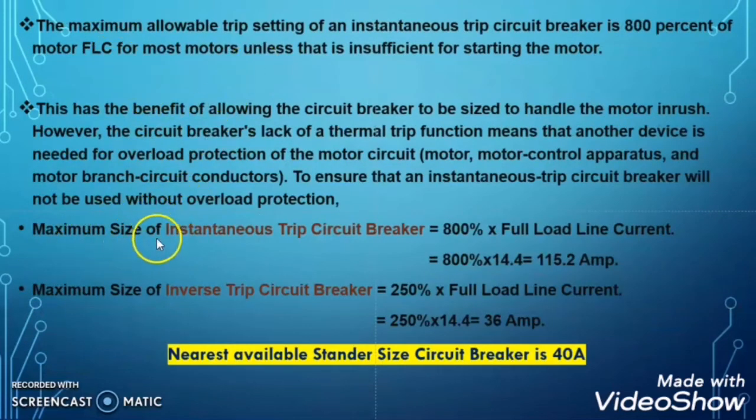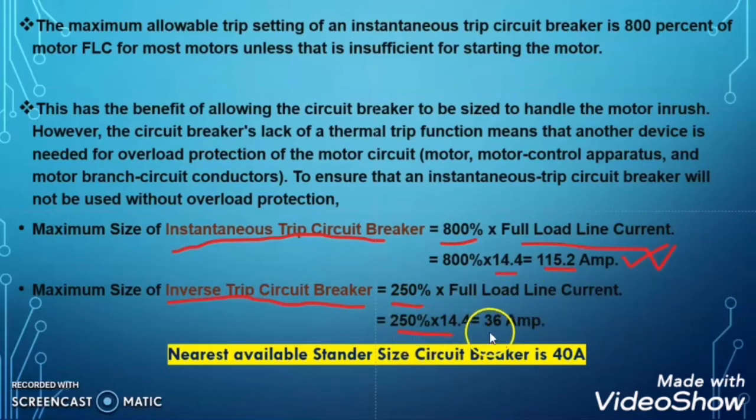Here, suppose I have chosen the instantaneous trip circuit breaker, then we have to multiply with 800% of full load current. Our full load current, which we calculated in our previous step, is 14.4. So 800% of 14.4 is 115.2. So this will be the circuit breaker size. And suppose I have selected the inverse time circuit breaker, then as per the standard, the inverse time type circuit breaker rating must be 250% of full load current.